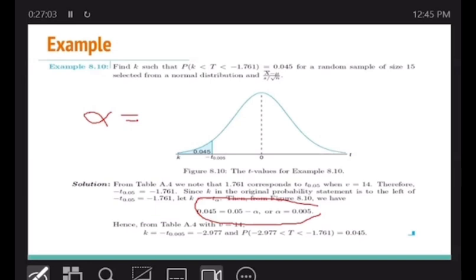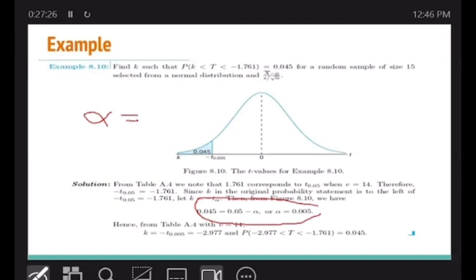Now if I have 0.045, and I know the alpha equals that, it means I can actually find my alpha from the general one, 0.05, by subtracting and solving for my alpha. When I solve my alpha to be that, then I'm ready to go to the table.